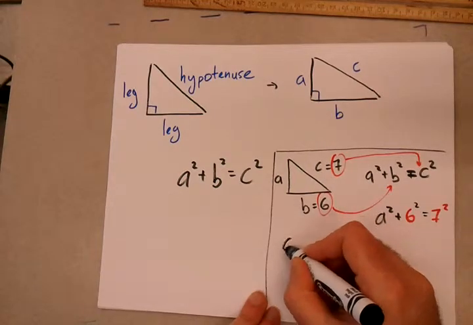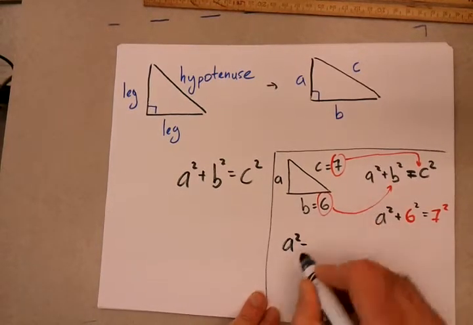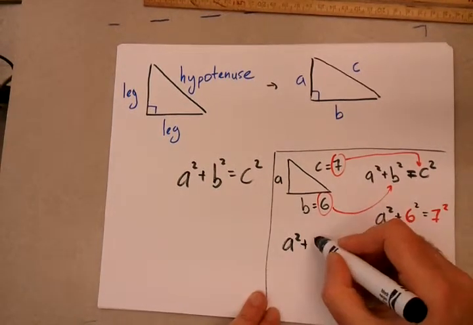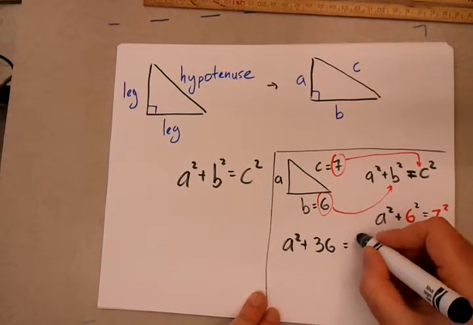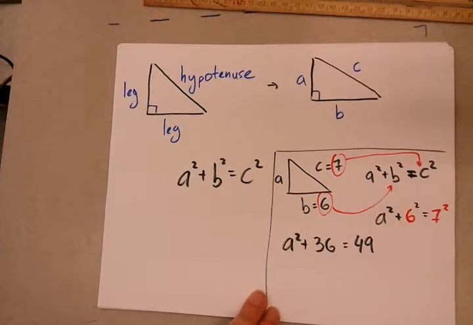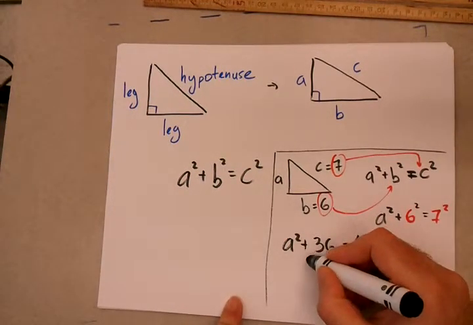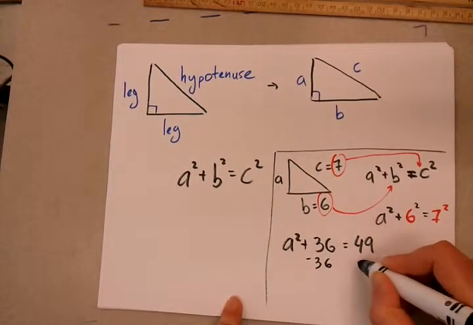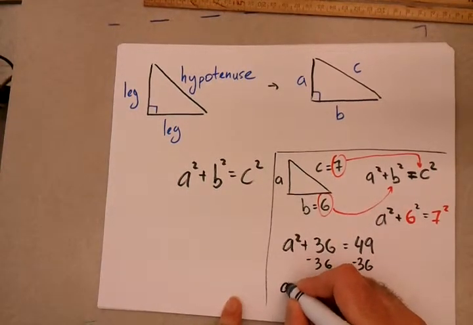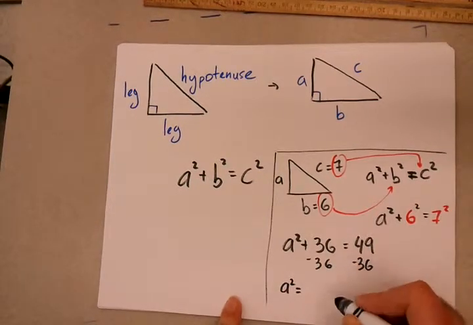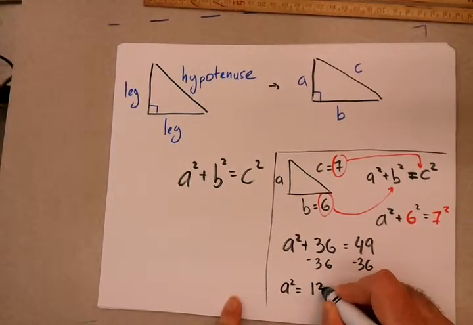So A squared remains A squared, plus 6 squared, that's 36, all equals 7 squared, which is 49. Now I'm solving for A, which means I want to subtract 36 from both sides. If I do that, A squared equals 13.